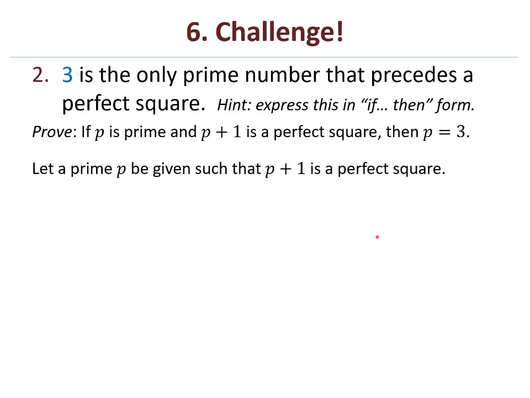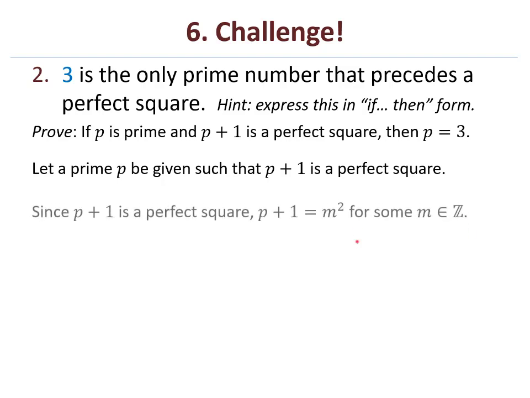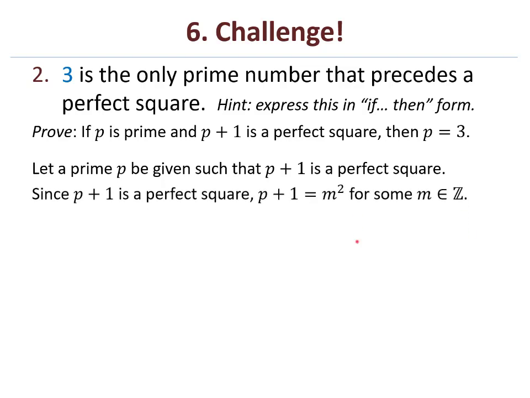Let a prime p be given such that p plus 1 is a perfect square. Since p plus 1 is a perfect square, p plus 1 equals m squared for some integer m. Let n be the absolute value of m. The reason I do this is because this m that I chose initially, it could be positive or negative.